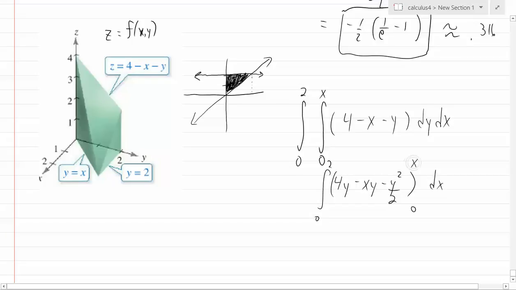And we're plugging this in for y. So we're going to have 4x minus what? That'll be x squared when we plug that in for y. Then minus x squared over 2. And then when you plug in 0 for y, you get 0.